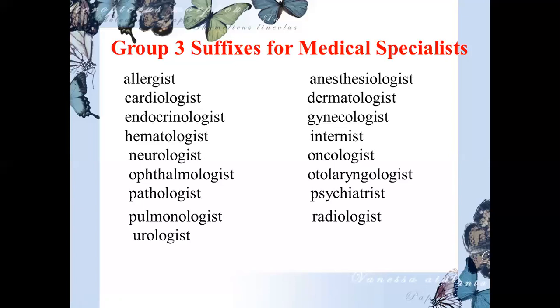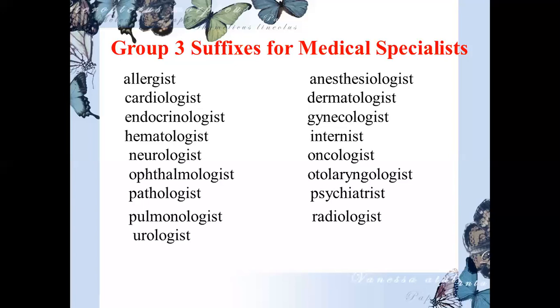Next one is neurologist. It means a specialist in treating diseases of the nervous system. And oncologist, onco means a tumor. So oncologist means a specialist in treating tumors or cancers. Next one is ophthalmologist. Ophthalmologist means eye doctor, a specialist in treating eye diseases. And otolaryngologist.